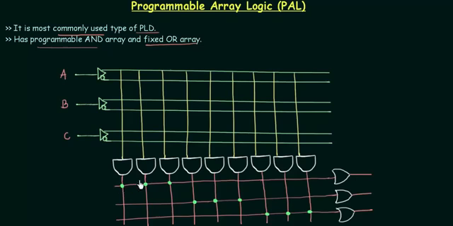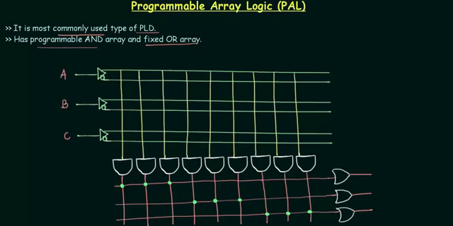You cannot program it. You cannot break this connection. These three AND gates are fixed and connected to this OR gate. Similarly, the last three AND gates are fixed and connected to this OR gate. On the other hand, the inputs to these AND gates are programmable. You can connect them to A, A complement, B, B complement, C, or C complement. Fine, like we did in the PLA.